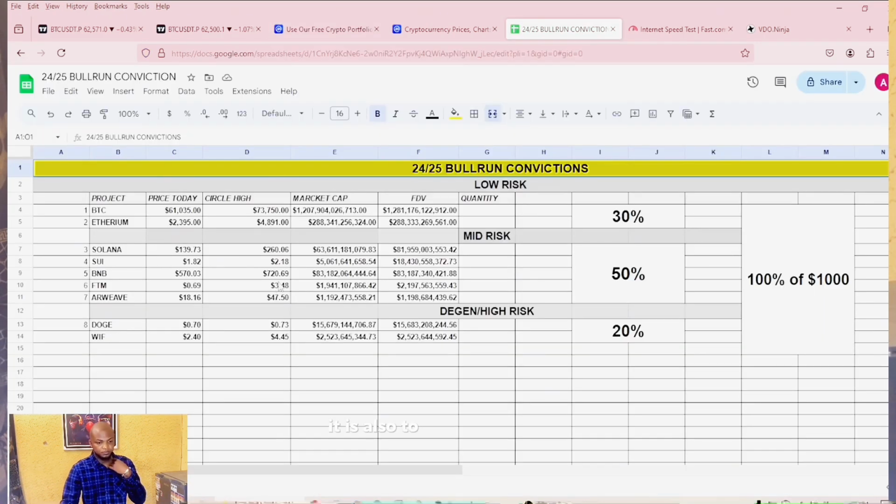So mid risk. Our mid risk tokens are basically real projects. These are real big time projects, and we have high convictions on them, especially Solana, because I started hearing about it from, I think, 2018, but officially it was launched in 2020.